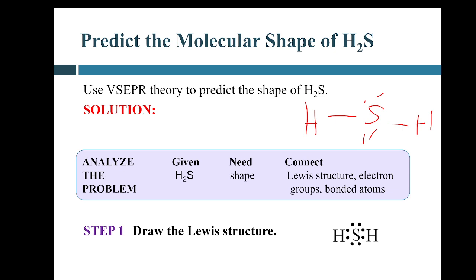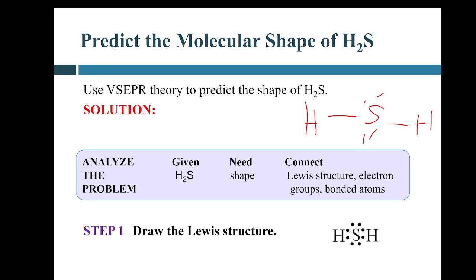Anybody have any questions about my Lewis structure? How many domains does it have? 4 total, you got it. 2 bonding, 2 non-bonding, right? Electron geometry.